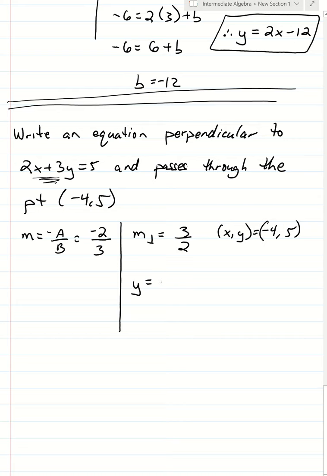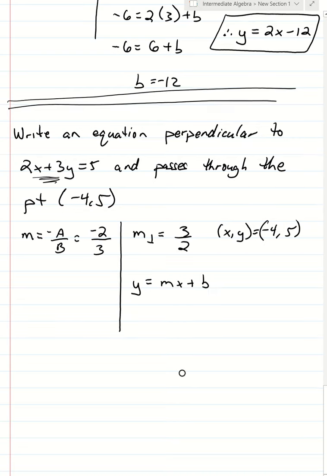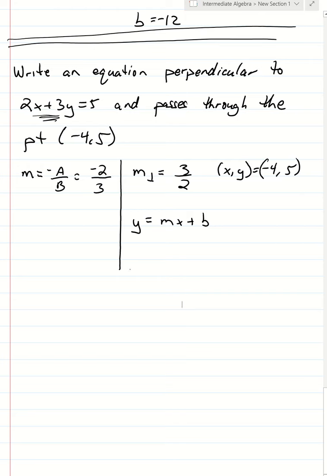y is going to equal mx plus b. And let's plug in what we can. y has a numerical value of 5. The slope that we're going to use must be the perpendicular slope of 3/2 times x, the x value is -4, plus b.